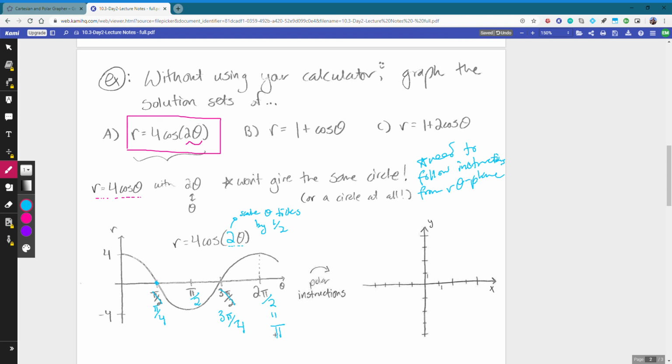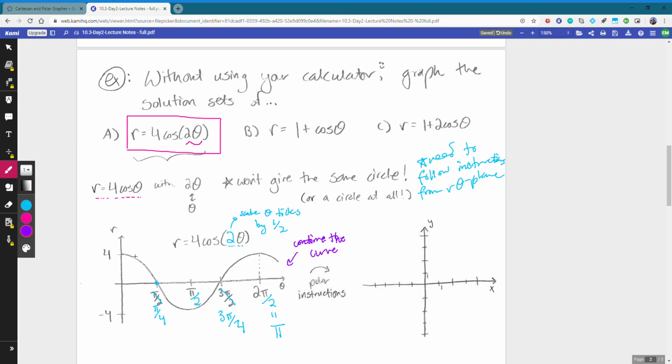And since we're only ending at pi, we'll probably need to continue the curve to get some more good anchor points and instructions. But here at least is a good start.